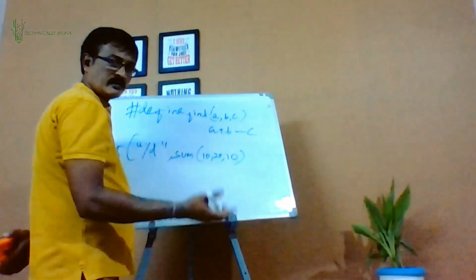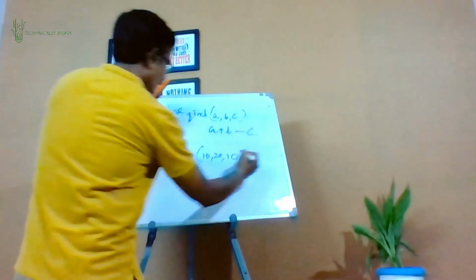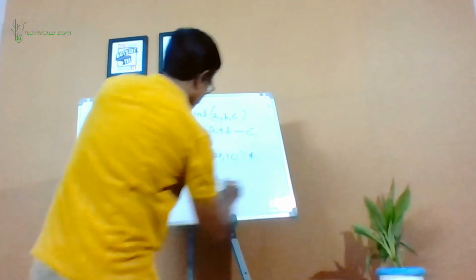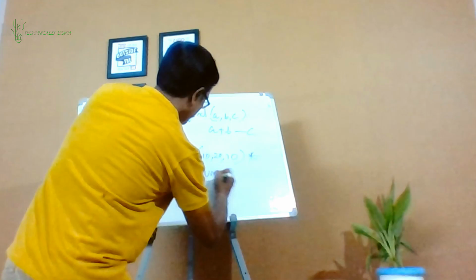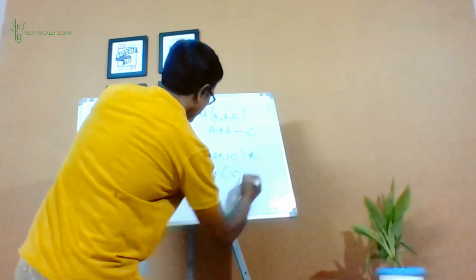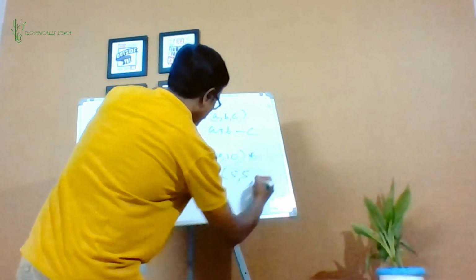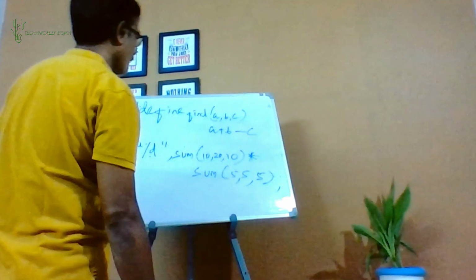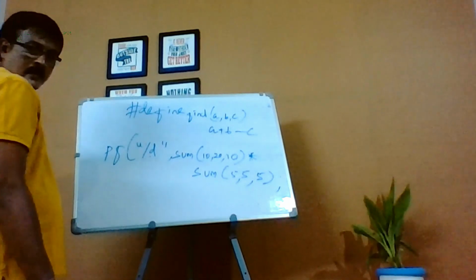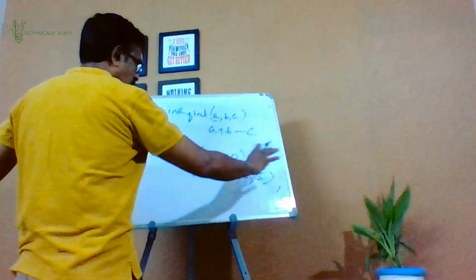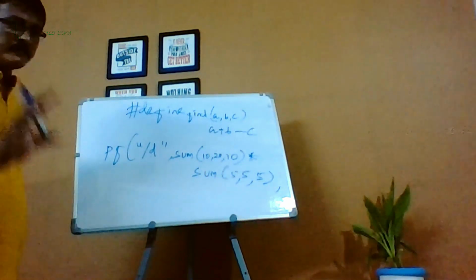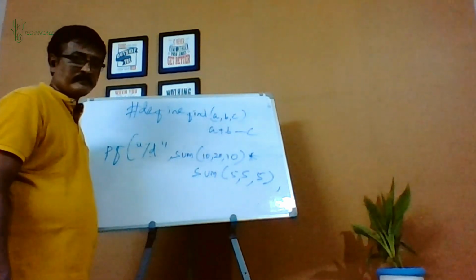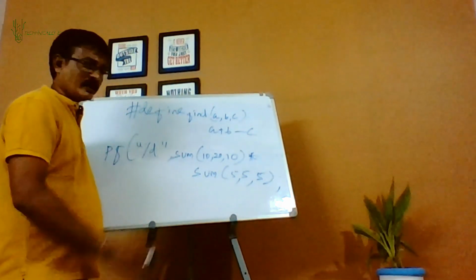So what do you get? 20 into, I have a multiplication here, sum of 5, 5, 5. Got it? So now what is the result? Think of it for a second. Got the result in your mind?